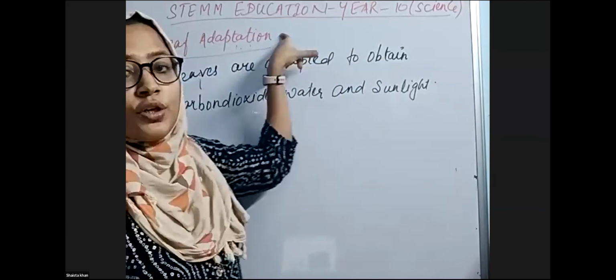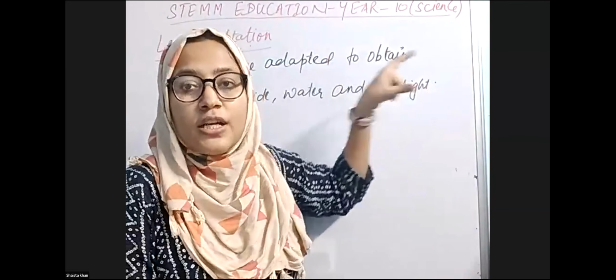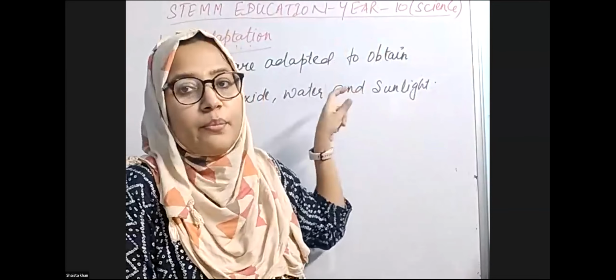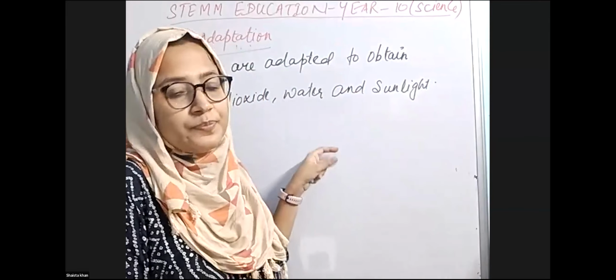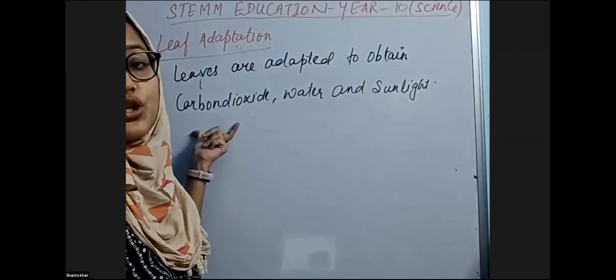So leaf adaptation is for what? For photosynthesis, so that they can make their own food, right? These are the adaptive features of the plant.